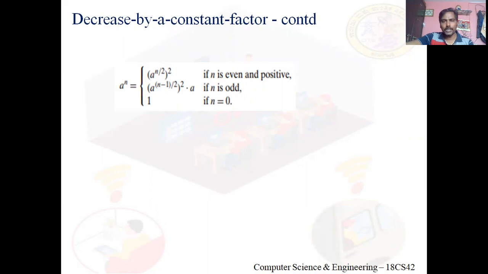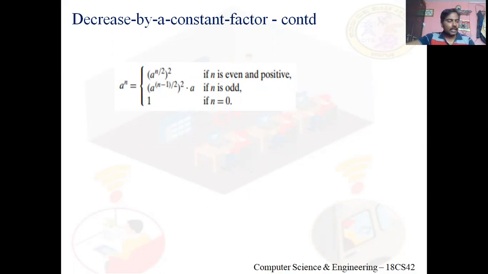That's nothing but the relationship. Now I should determine that's what the decrease and conquer strategy says, the relation between a power 6 and a cube is that the square of a cube is nothing but a power 6. I repeat, the relation between the problem with a given larger instance and the problem with a smaller instance should be exploited.